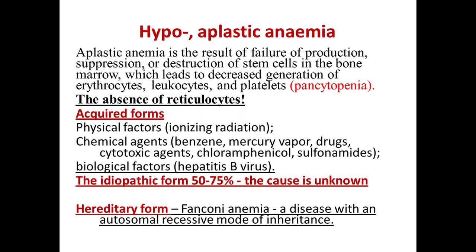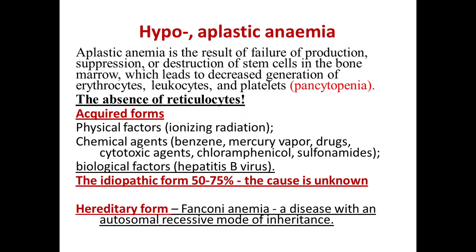Hypo or aplastic anemia. Aplastic anemia is the result of failure of production, suppression, or destruction of stem cells in the bone marrow, which leads to the decreased generation of erythrocytes, leukocytes, and platelets.